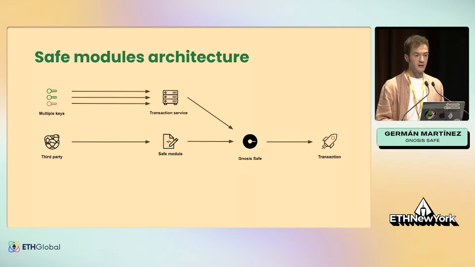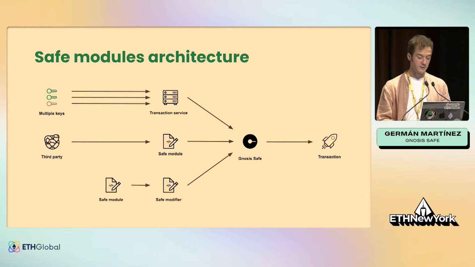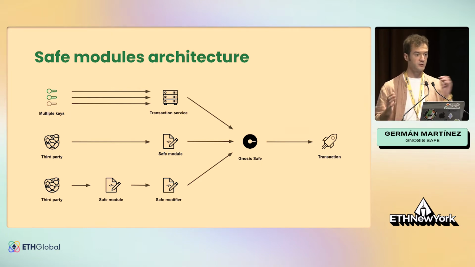There is also another type of module, and these are the Safe modifiers. Safe modifiers are usually called by Safe modules that are used by third parties. So Safe modifiers are placed between Safe modules and the Safes, and they allow us to add some filters to the transactions that are triggered from a module.